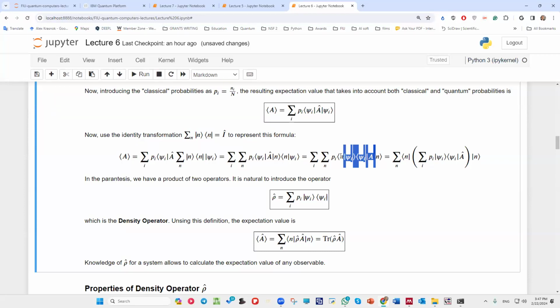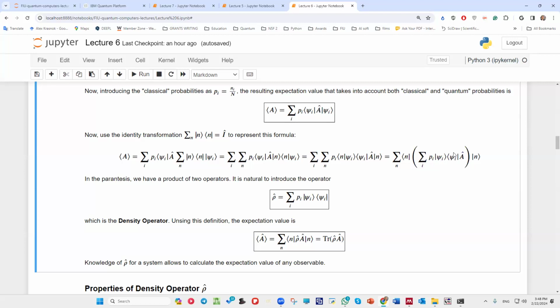Taking into account that the classical probabilities are real valued numbers, so constants, I can insert these coefficients and write basically the rest between the states n and m. So I put everything that doesn't depend on the coefficient n between these states n.